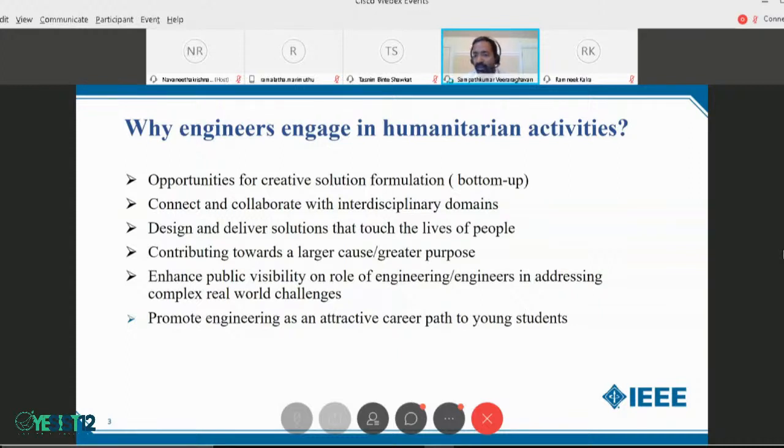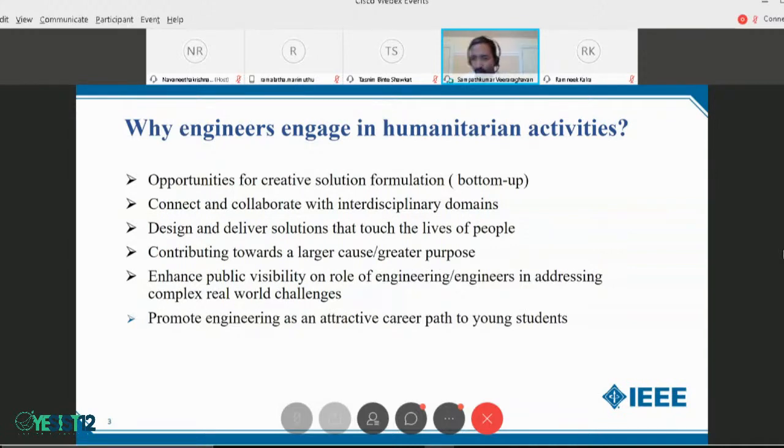If you design a system and put it into action, people get really interested to see, hey, wow, you developed a robot, it works like this, or you developed some AI-based solution. At the end of the day, the demonstration of impact creates much more public visibility, which in turn can become a good channel to attract young students and kids to take STEM education as a potential career, right? So these are some of the reasons why we have seen engineers want to get involved in humanitarian activities.